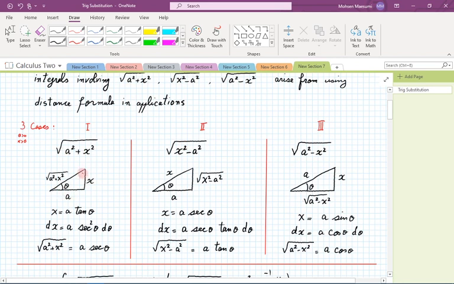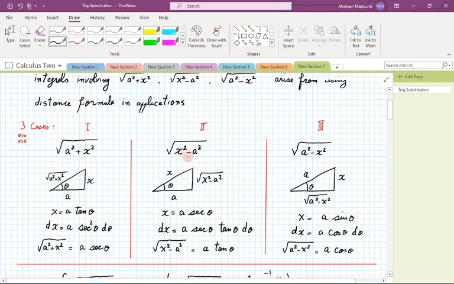In this triangle, opposite is adjacent times tangent of that angle, so I have this substitution. Taking the differential, dx is secant squared theta d theta, because the derivative of tangent is secant squared. This expression is the same as the hypotenuse, and we can write it as a times the secant of the angle.